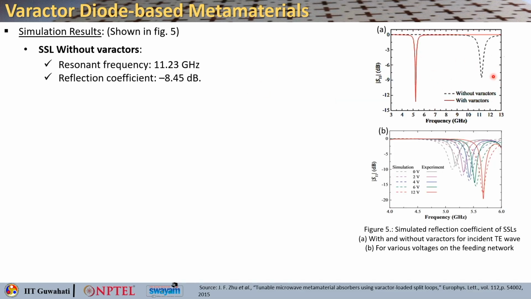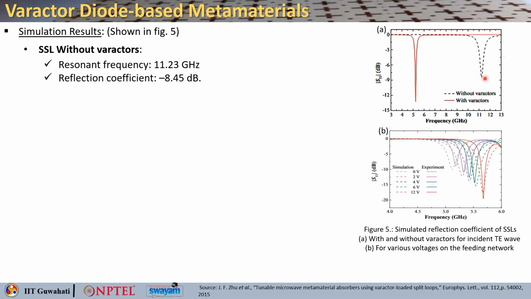The first one shows S11, sorry, the reflection coefficient, of the square split loops, without and with varactors.